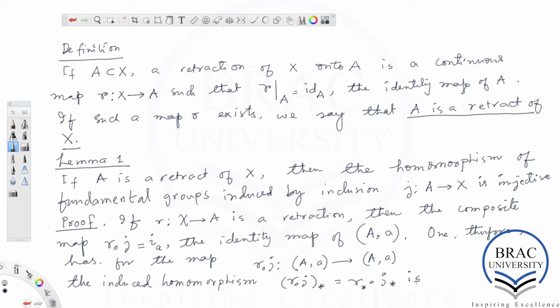This is the identity map of pi 1, the fundamental group of big A with reference to this distinguished point small a, which we denote by I sub A star.